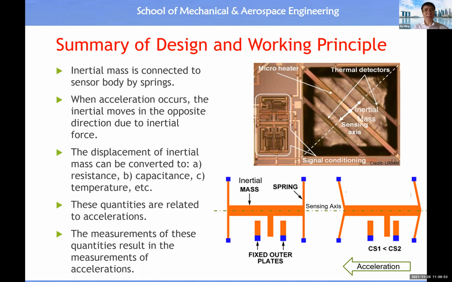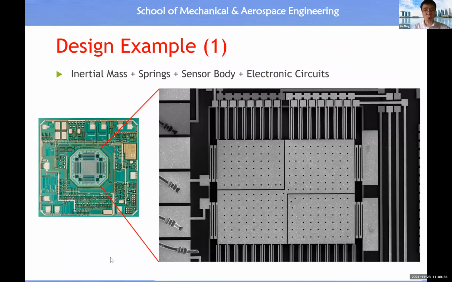All right. Now here is one more example. Then you see this is the inertial mass. Then you see all these capacitors. You have many. This is also a capacitor, and then this is a spring, which will restore the inertial mass back to its nominal position.